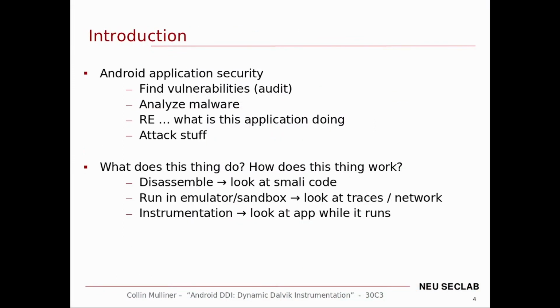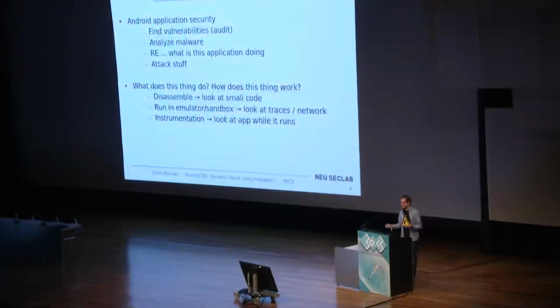Android application security is pretty interesting for various reasons. Maybe you want to find vulnerabilities, analyze malware, or reverse engineer an application to see what it's doing. And finally, maybe you want to attack an application or the OS.